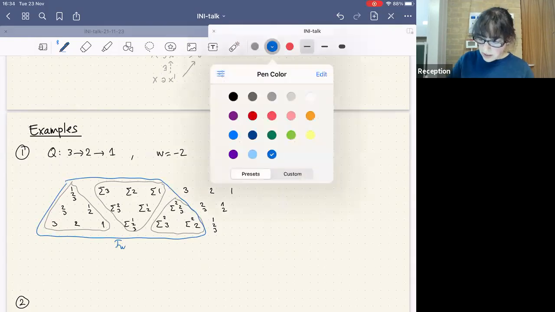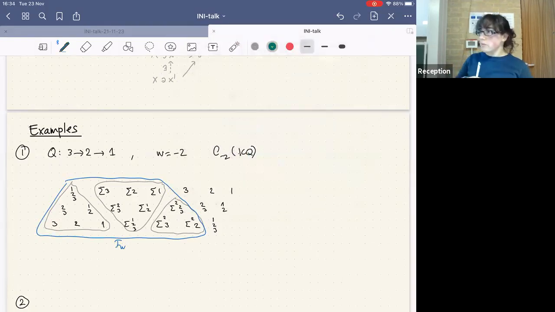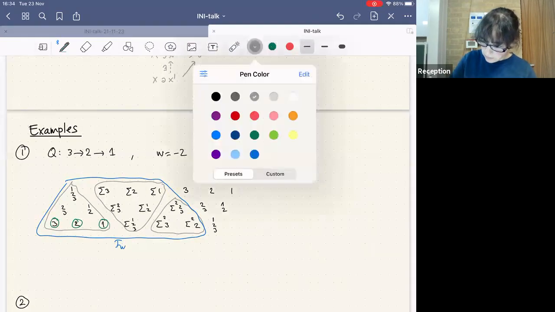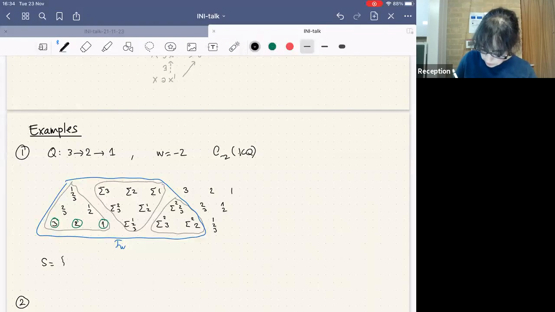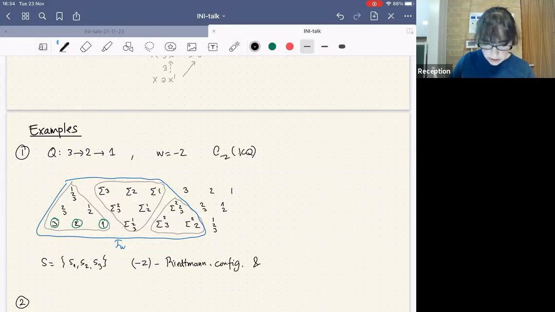Okay, so simple-minded is a generalization of simple objects. So the simple objects really should be an example of such things. So let's consider these three guys here. So S equals simple I1, simple I2, simple I3. You can see that it's a -2 Riemann configuration, and also a -2 simple-minded system.